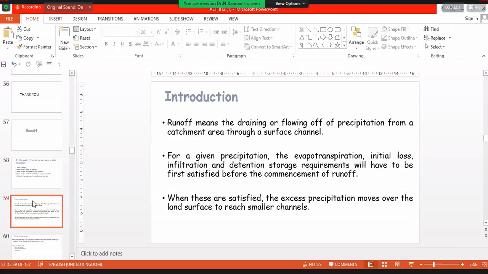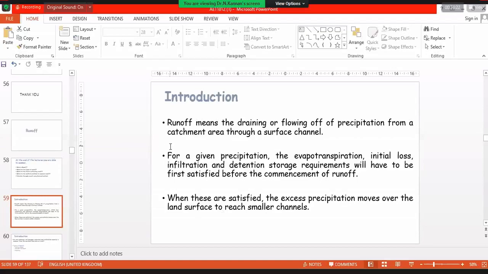With that note, I'm moving to the introduction. Runoff, I have already told you, is the process of the surface flow of water, right? It is possible when we have enough precipitation, and that precipitation amount is greater than the amount that is infiltrated vertically into the soil profile. You got the point?